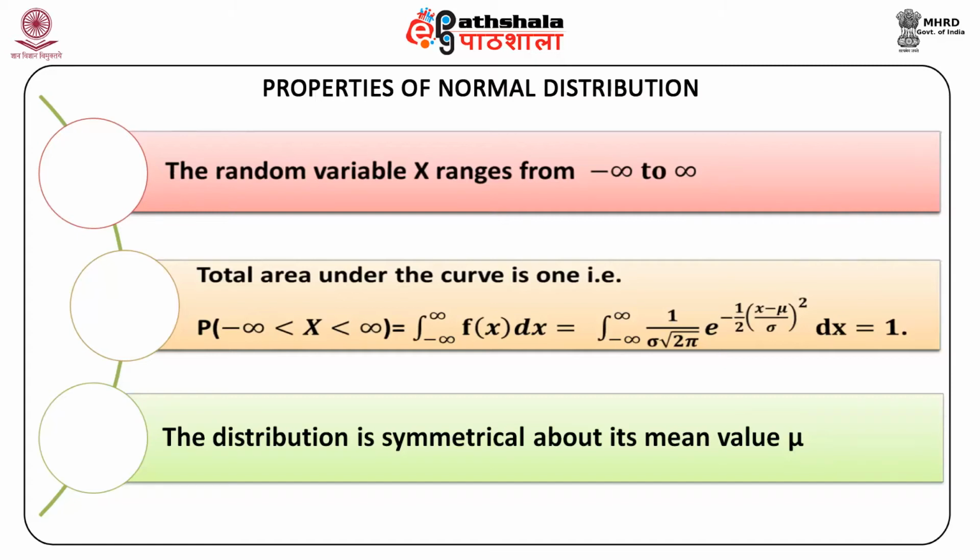Since the distribution is symmetrical about its mean value mu, this implies the area under the curve on both sides of the mean mu is 0.5. That is, the probability of x greater than or equal to mu is equal to the probability that x is less than or equal to mu, which is equal to 0.5.